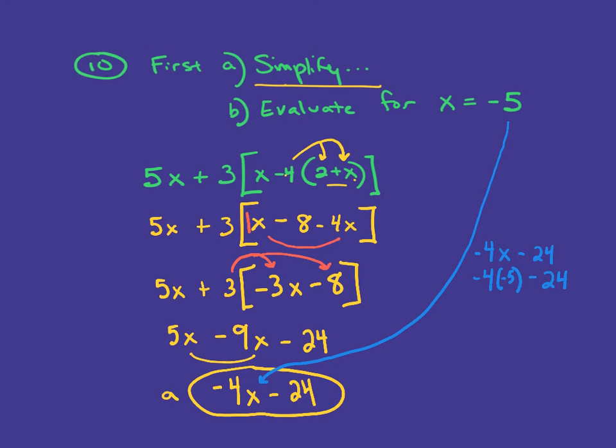Negative 4 times negative 5. Negative times a negative is positive. And in this case, positive 20 minus 24. 20 minus 24, if you think of it in terms of a bank. Again, if you've got $20 in the bank and you take out $24, then you'd be in the negative, negative $4.